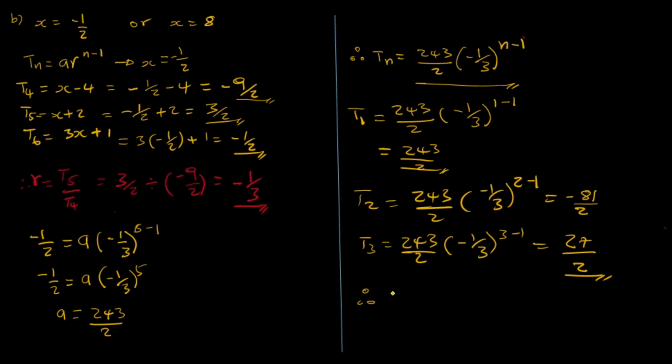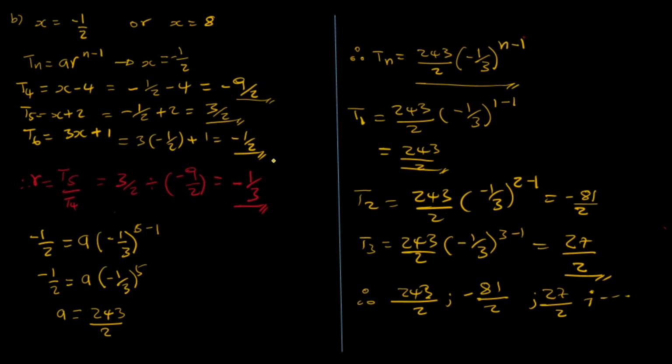Therefore, the sequence will be 243 divided by 2, minus 81 divided by 2, 27 divided by 2, etc.